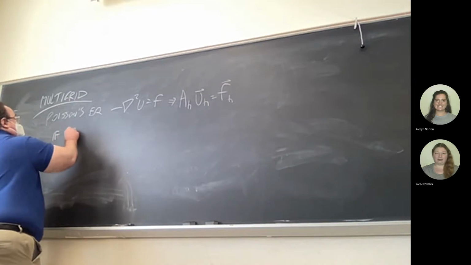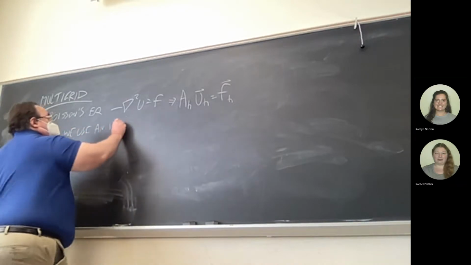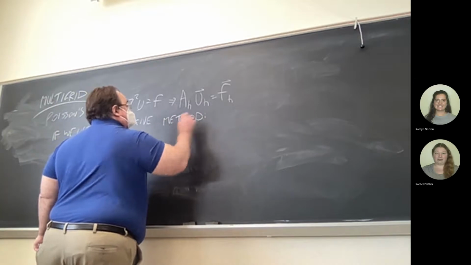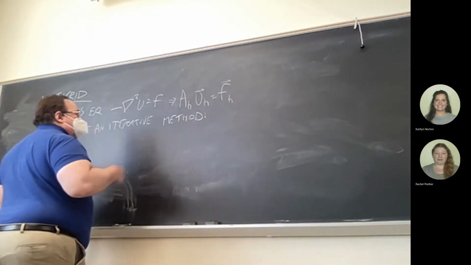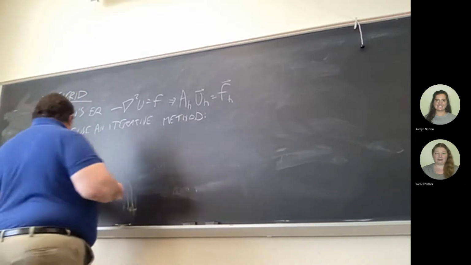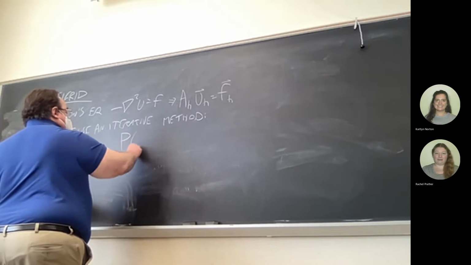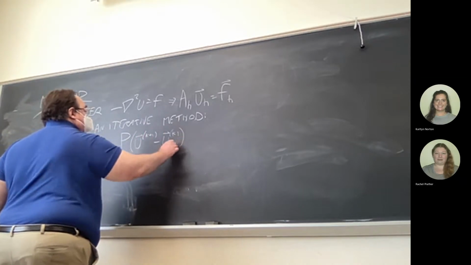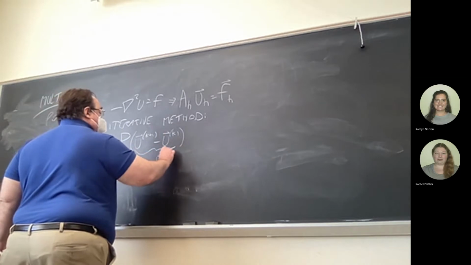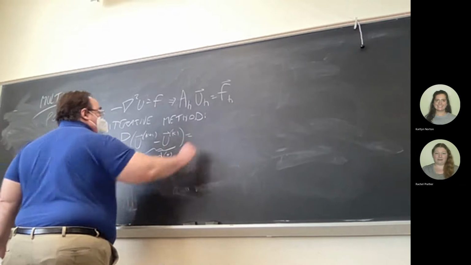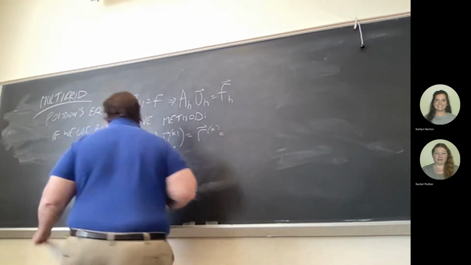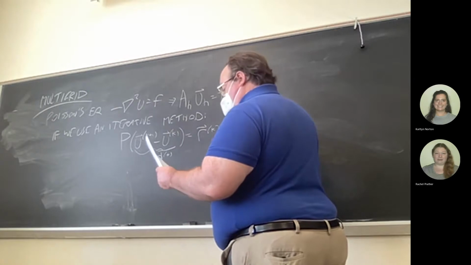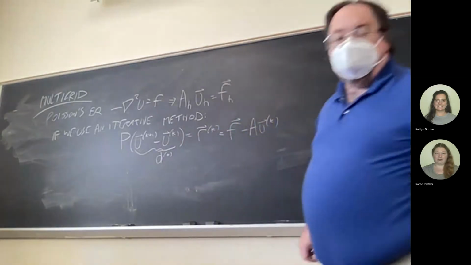So if we use an iterative method of the forms discussed last time, for example one of the stationary iterative methods like Jacobi or Gauss-Seidel, I'll write it in this form: a preconditioner P of some kind times the difference in iterates, which I'll call d_k as I did before, is equal to r_k, the kth residual, which is the right-hand side minus A u_k.